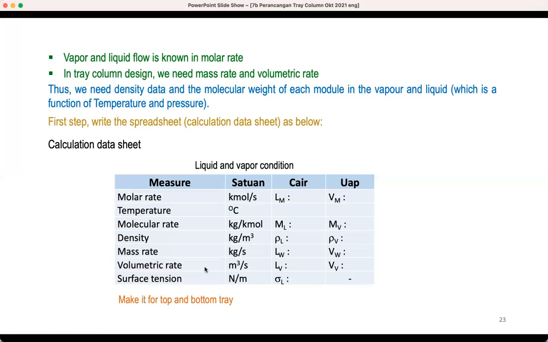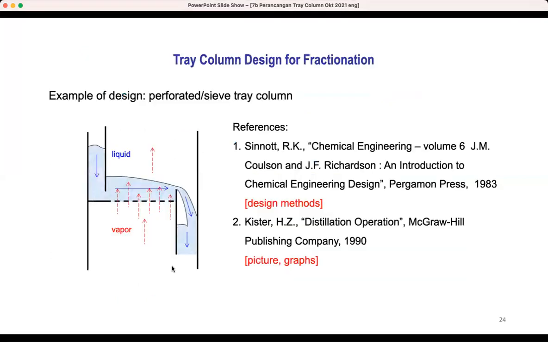Then write it for the top tray and also the bottom tray. You can get the density, molecular weight and volumetric rate maybe from HYSYS.